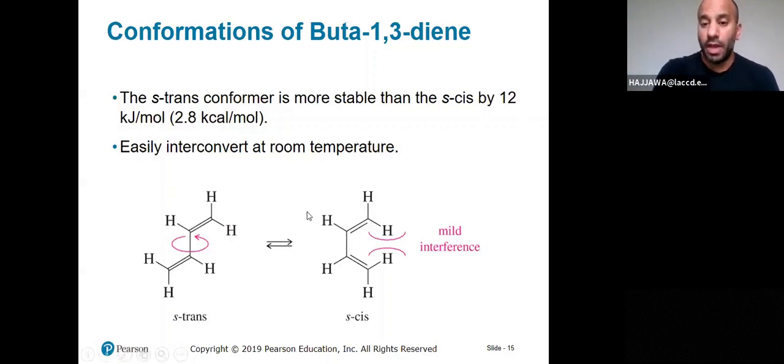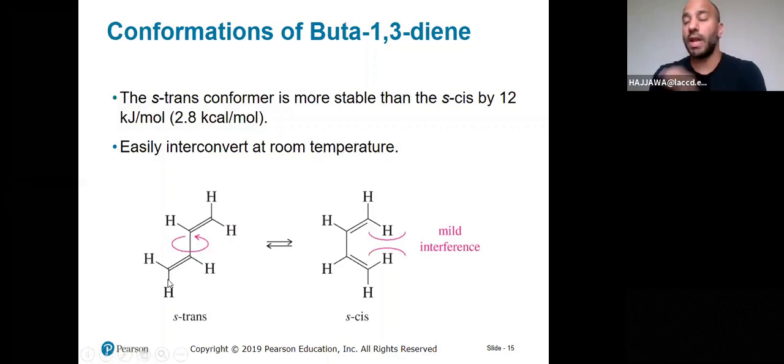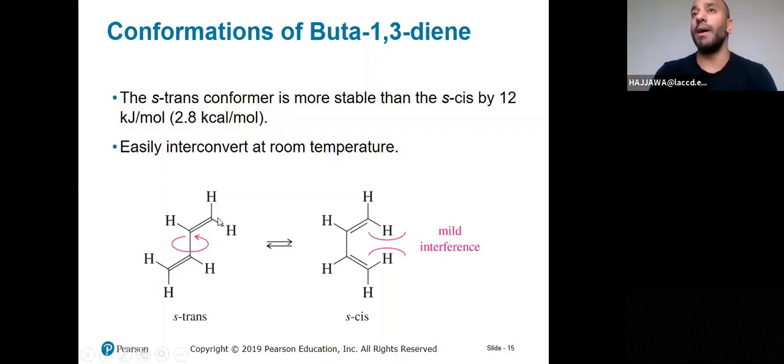However, this s-cis is the one that's going to be required in some other reactions that we're going to learn in this chapter. So you're going to say, okay, you're confusing me. Which of the two is really going to react? Isn't it the one that's more stable? Well, the more stable is the s-trans, but you're going to see in some of the reactions, specifically the Diels-Alder reaction, that the s-trans cannot work in that reaction due to the fact that the two sets of p orbitals will not have a perfect overlap.